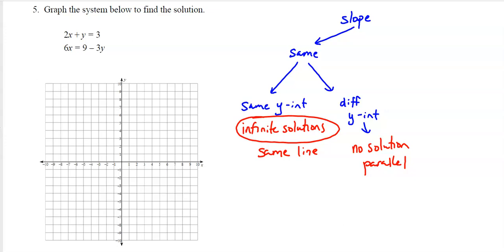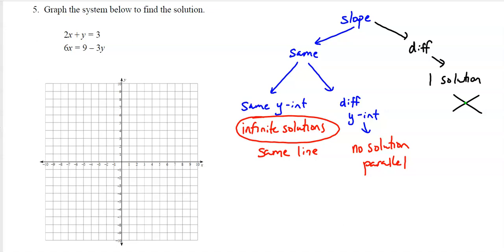And then normally when you look at slope, if they're different, then you're like, oh good, this is just a normal problem. There's just one solution, and the 2 lines cross, and that's the magic spot. So that's kind of when I mentally go through these problems, looking at the algebra, that's what I'm checking to see what's going down.